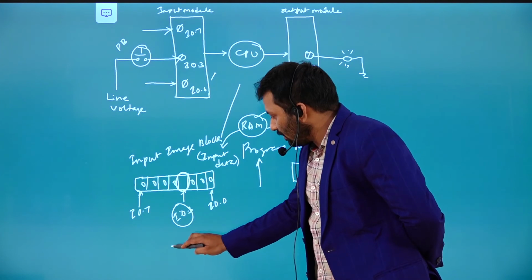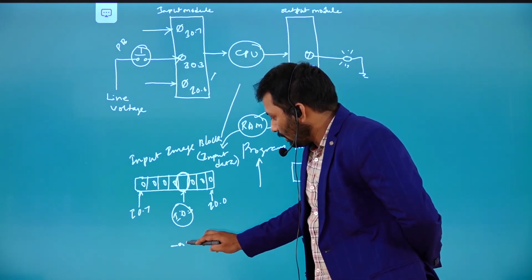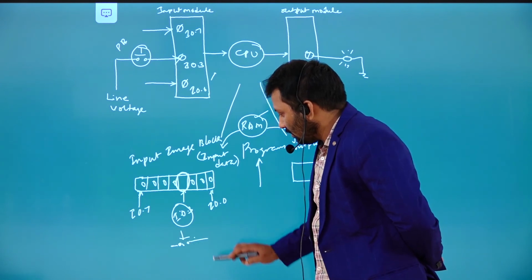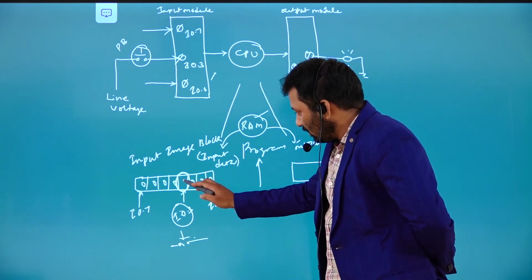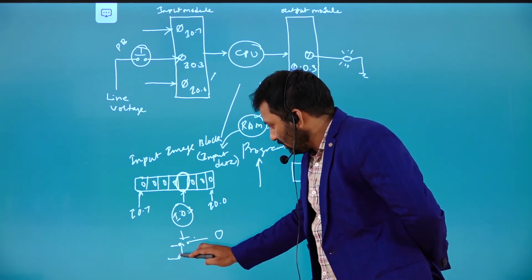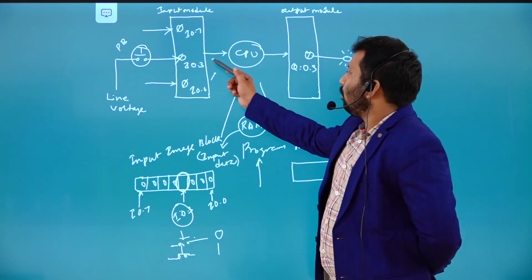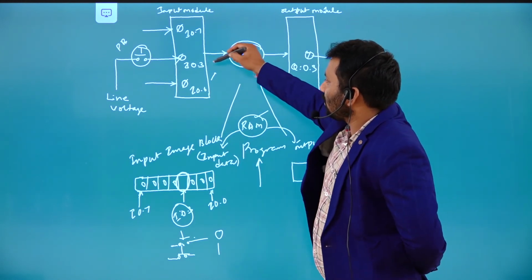If the push button is in this condition, input data here is 0. If the push button is in this condition, input data is going to be 1 to the CPU along this fourth terminal.